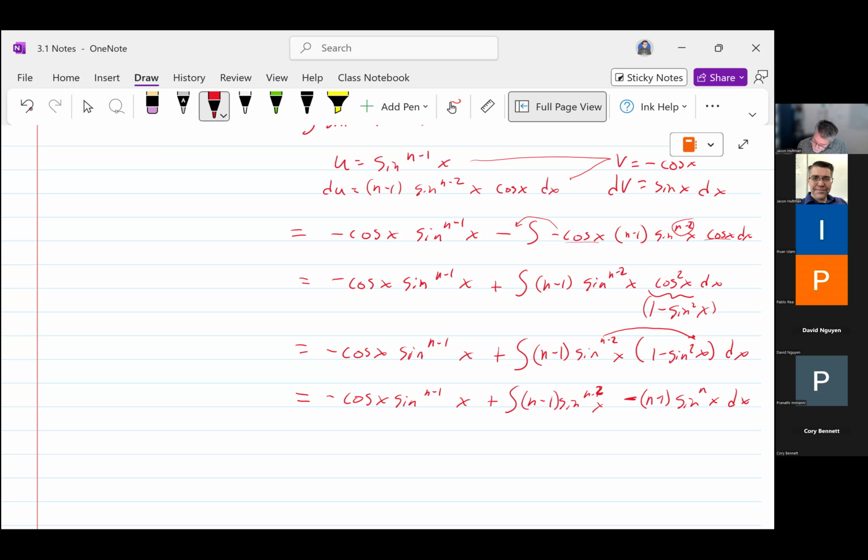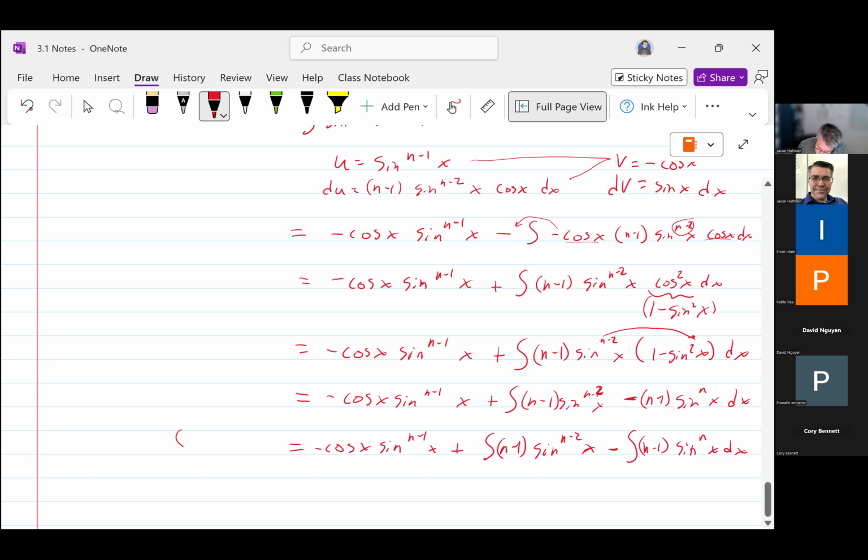Okay, so let's break this up into two separate integrals. So this is equal to negative cosine x sine to the n minus 1 x plus the integral of n minus 1 times sine to the n minus 2 of x minus the integral of n minus 1 times sine to the n of x dx.